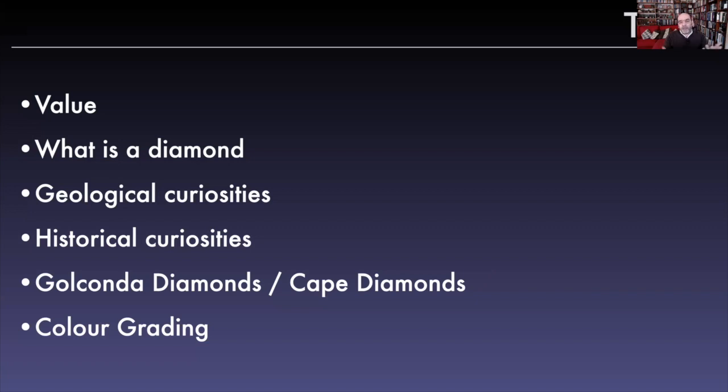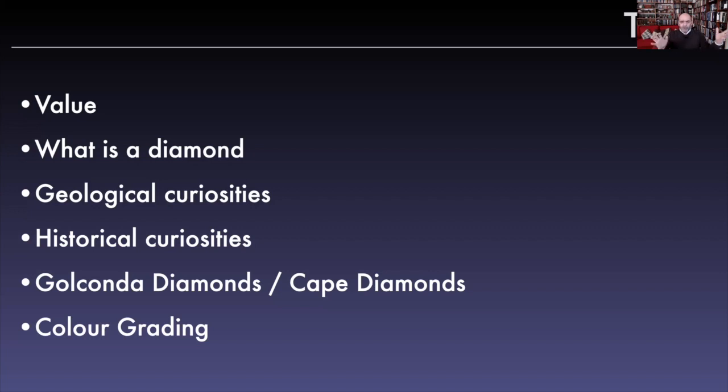And it's impossible not to give you a few geological curiosities about diamond because it's really unique as a geological material, and also some historical curiosities because the use of diamond goes back in history, and some diamonds have rather interesting stories that go along with them.